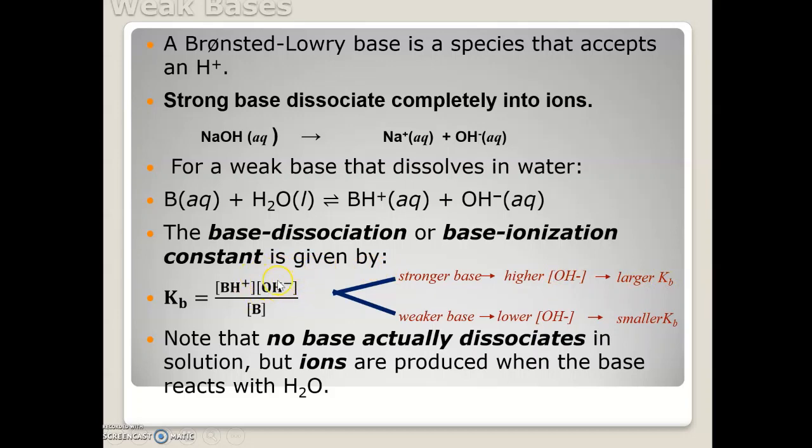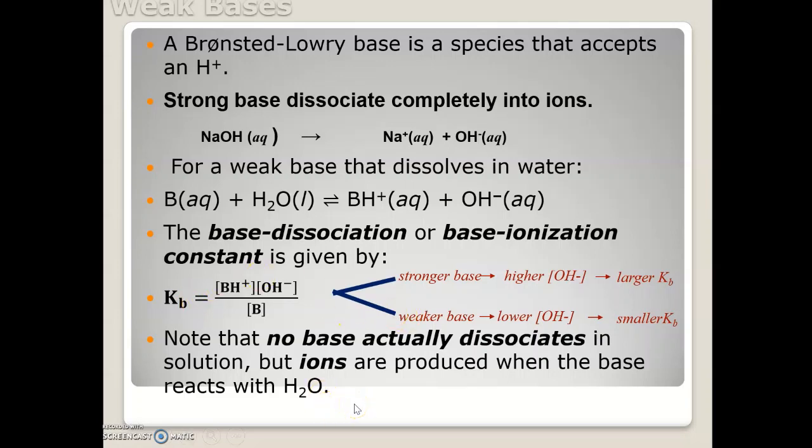When the numerator is greater, Kb becomes higher. As for the weaker base, it will dissociate less hydroxide ion, making the hydroxide concentration lower. Then when we calculate Kb, since OH- is lower, we get a smaller Kb value.